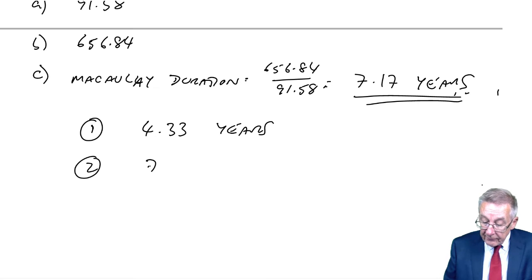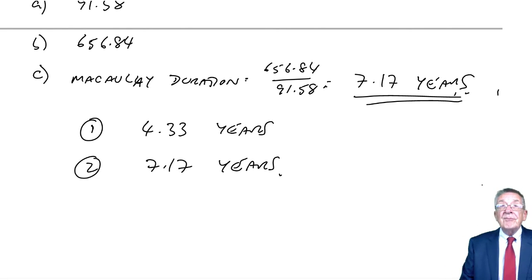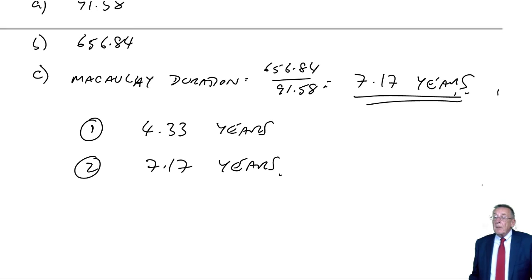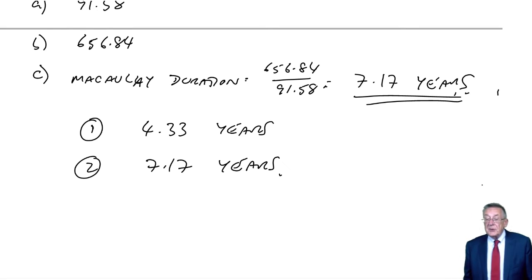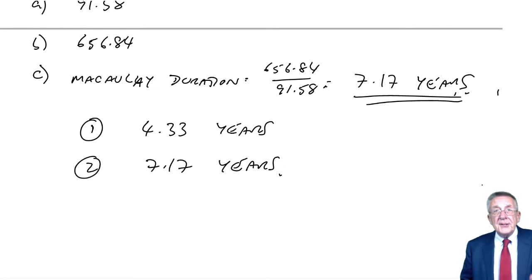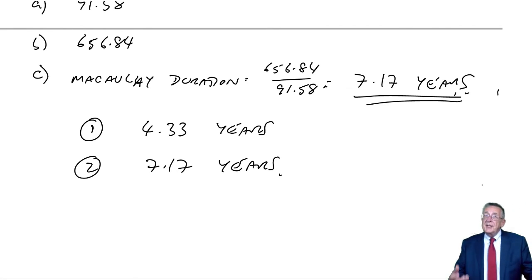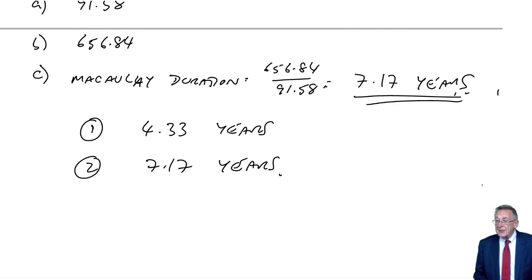Bond 2 was 7.17 years. And the longer it's taking to get half your money back, which is what this Macaulay duration is, the longer it's taking, the more you're at risk due to changes in required returns.